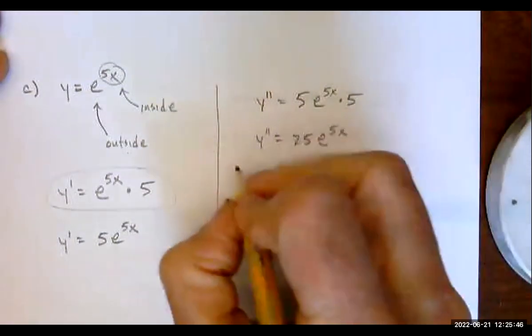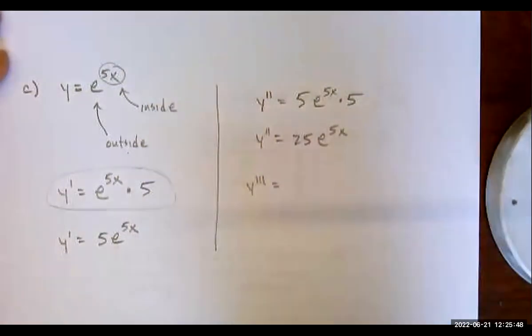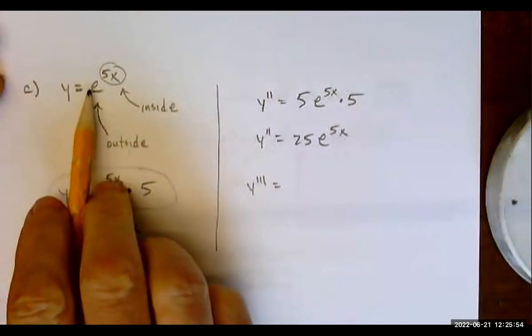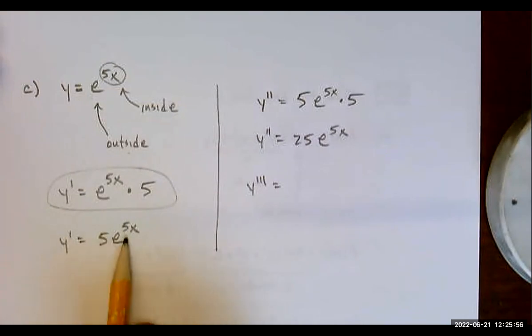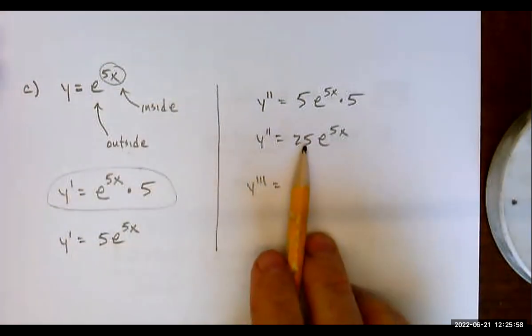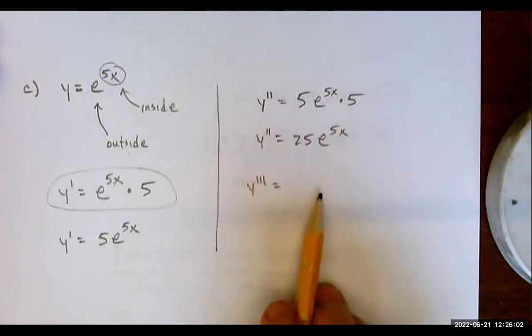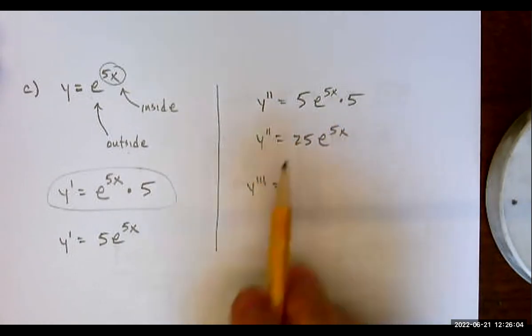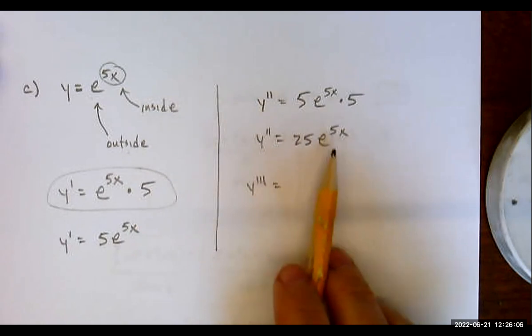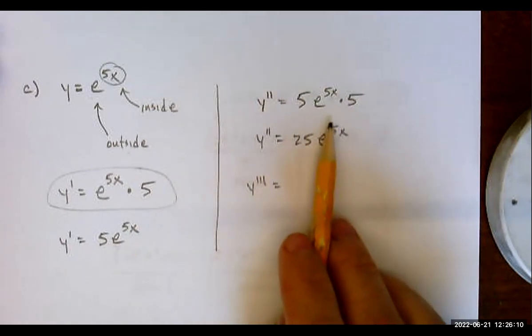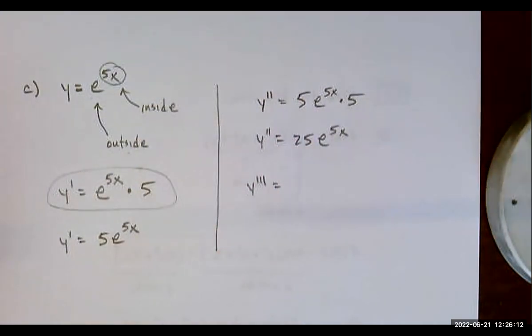Hey, what if we wanted to find y triple prime? What's the pattern that you start to see? Derivative of e to the 5x, 5 e to the 5x. Derivative of that, 25 e to the 5x. Every time we take another derivative, we're multiplying by 5 again because the derivative of the e just copies, and then we've got that derivative of the 5x is 5.